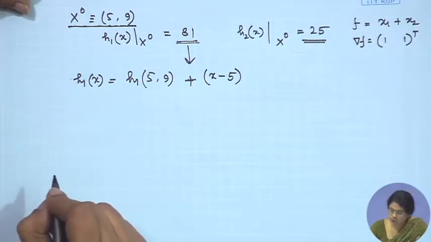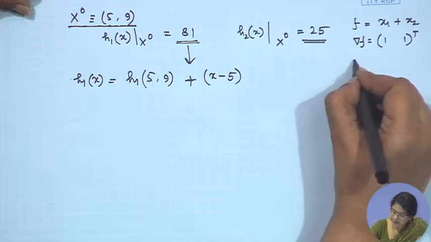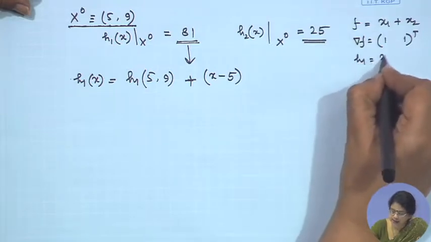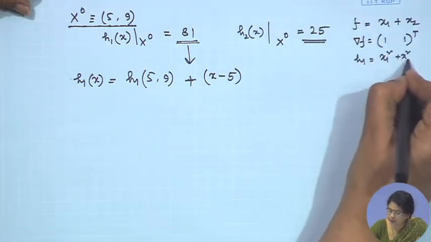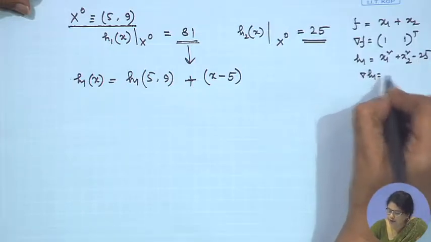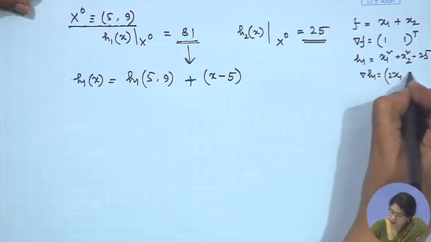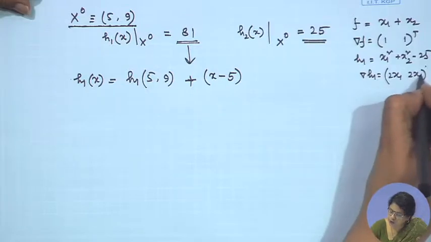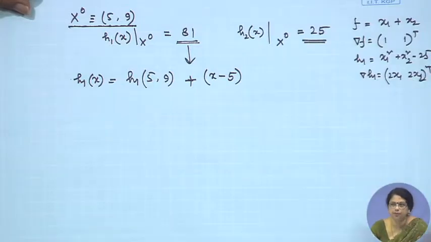Now, if I consider h1, h1 is x1 square plus x2 square minus 25, that is why grad of h1 would be [2x1 2x2] transpose. Clear?